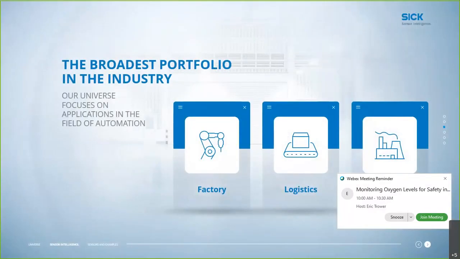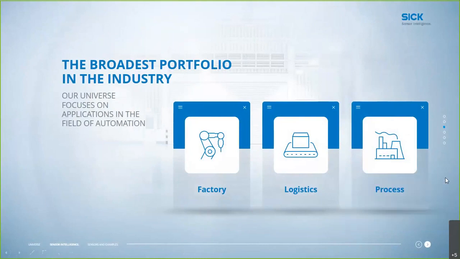SICK has one of the broadest portfolios of sensors in the industry. We have sensors that are used in the factory and in logistics, as well as process automation. Our company is in the field of automation.